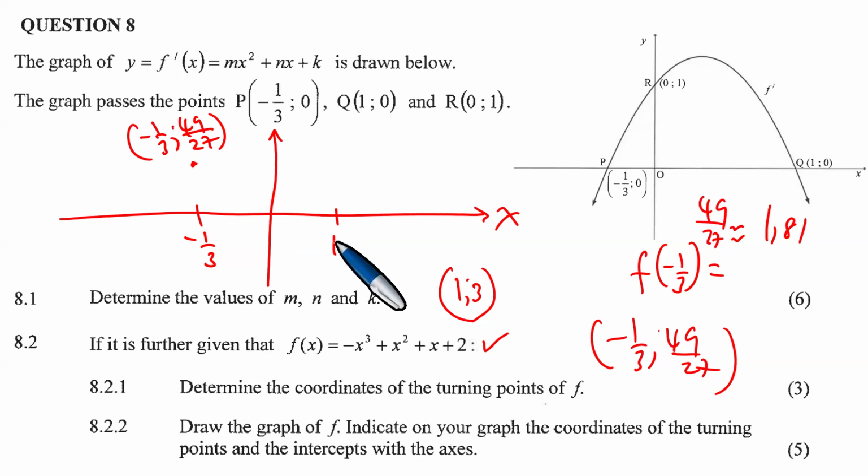So there's going to be a turning point, but when x is 1, y is 3. This one is like 1.81. When x is 1, y is 3, you're here, and there's going to be a turning point there.